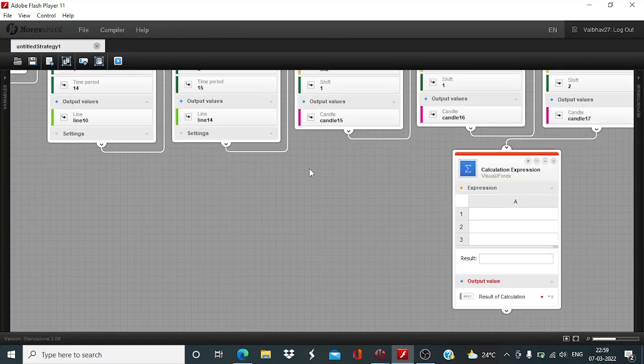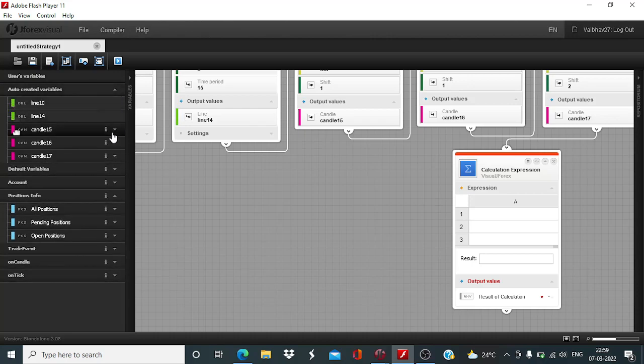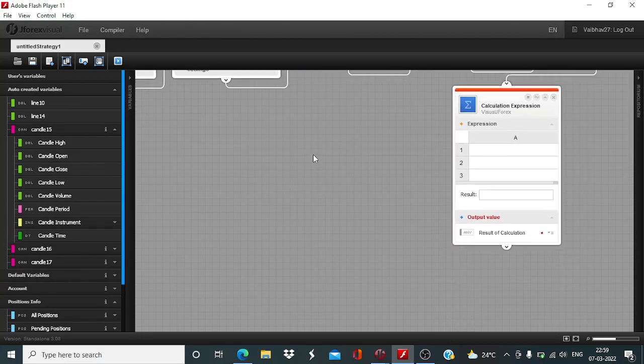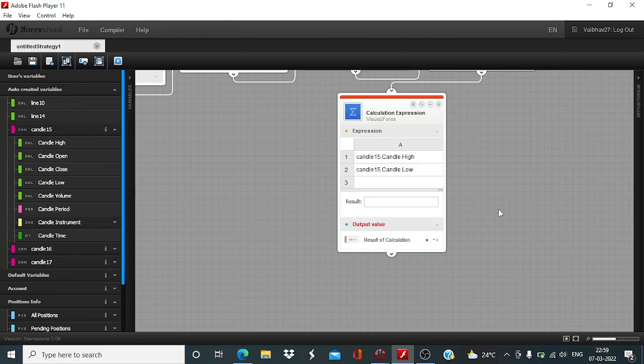I'm going to now need the candle high and the candle low, auto-created variables, candle 15 candle high and candle 15 candle low.